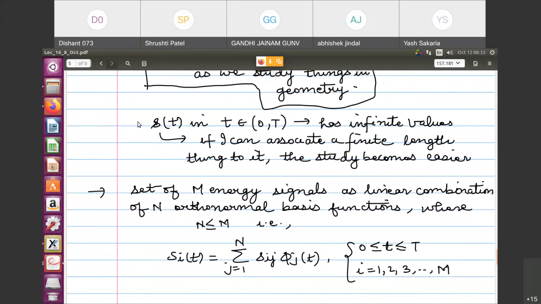That is quite obvious. And secondly, for the purpose of generation and usage, if I can write s(t) as a sum of some standard functions, let us say 5 functions, then I only need to store in a lookup table those 5 functions and the coefficients for s(t), and I can generate s(t). That makes s(t) a universal sort of function, because it can be generated by any node if those 5 functions are available with it.